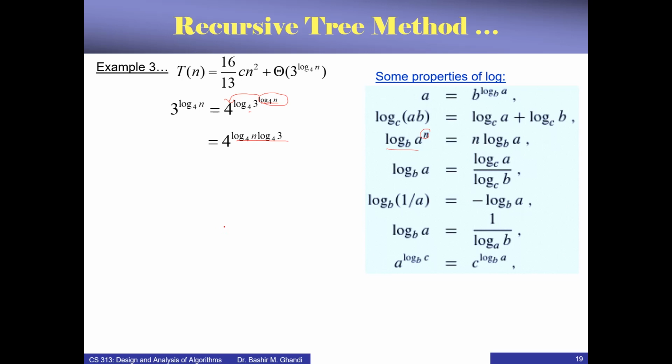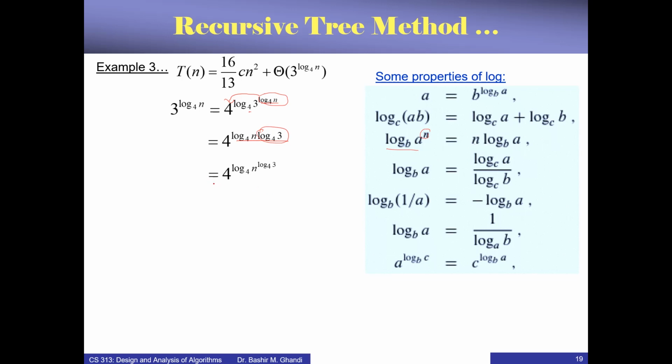Good. Now we're going to do the reverse of what we have just done, but this time taking this to be the power. So this is equal to 4 to power log of n to base 4, all to power log of 3 to base 4. Very good.